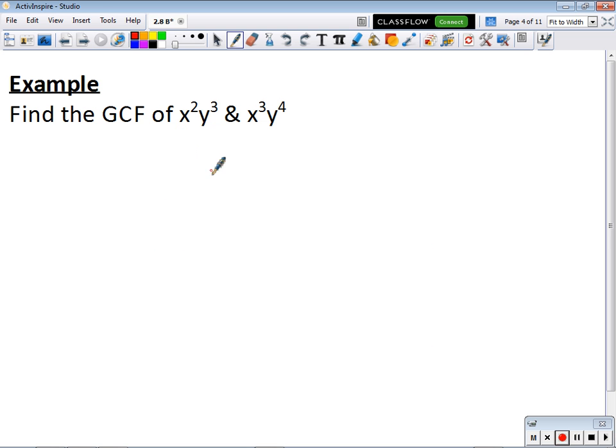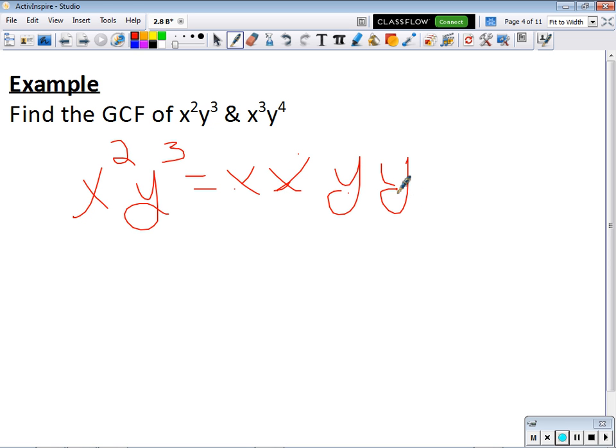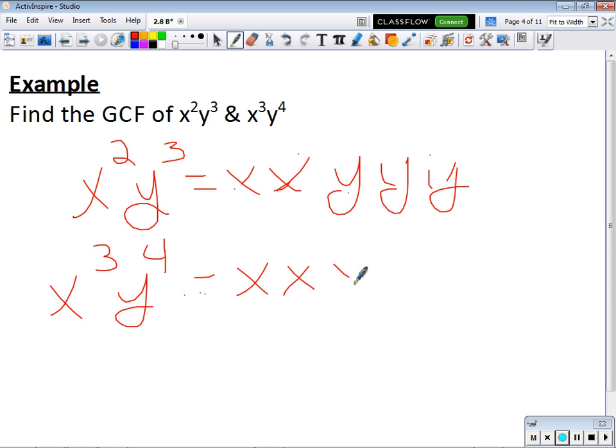So if we take a problem where there are two different variables, once again, x squared y cubed would be x times x, and then y times y times y. And for x cubed y to the fourth, we have x times x times x, and then y to the fourth, which would be y times itself 4 times.